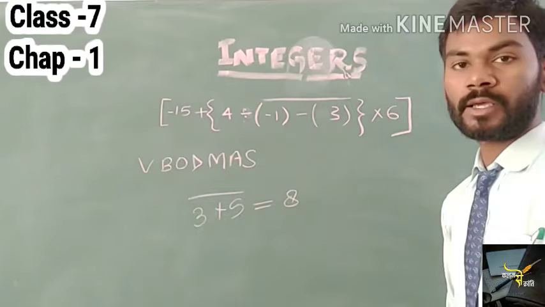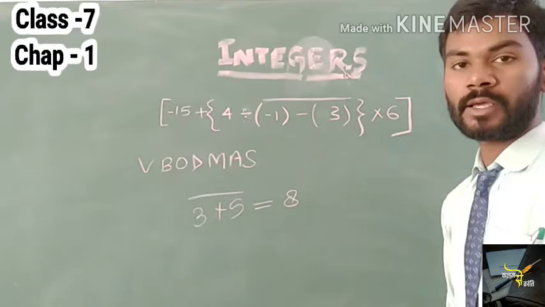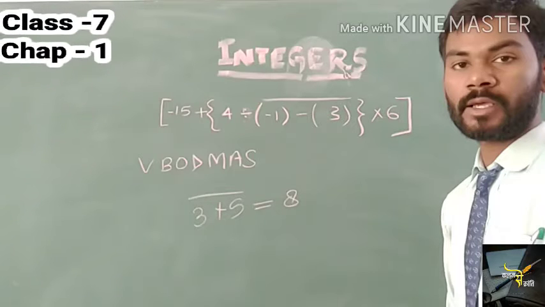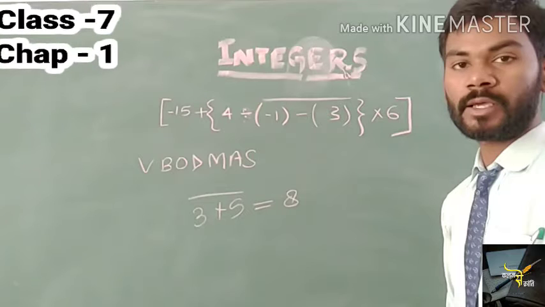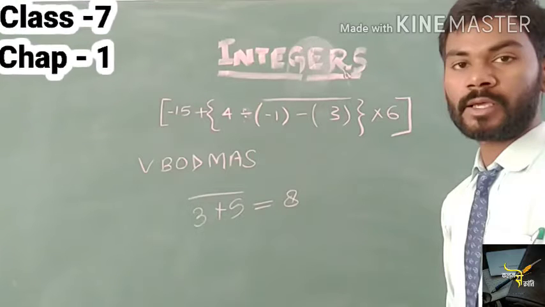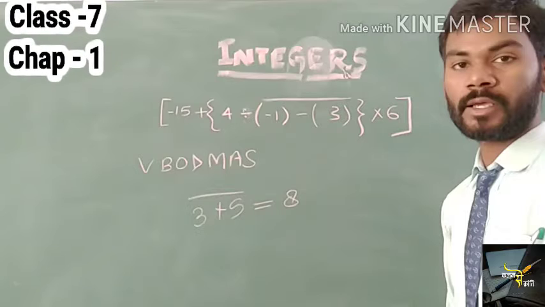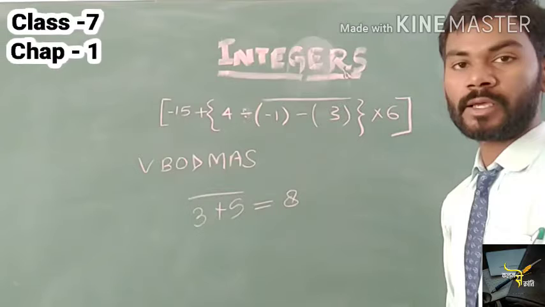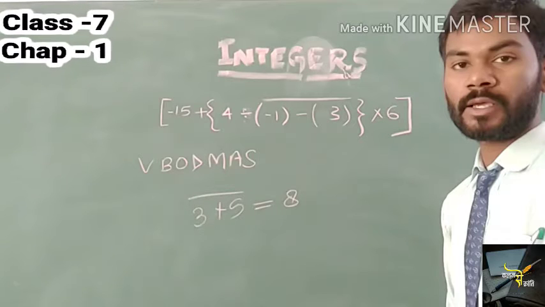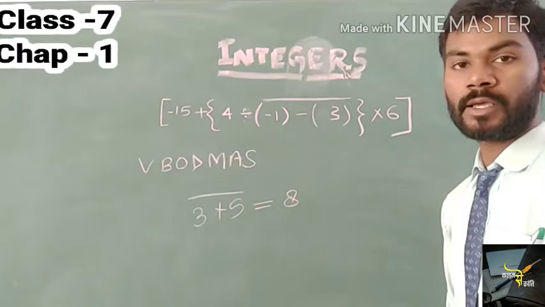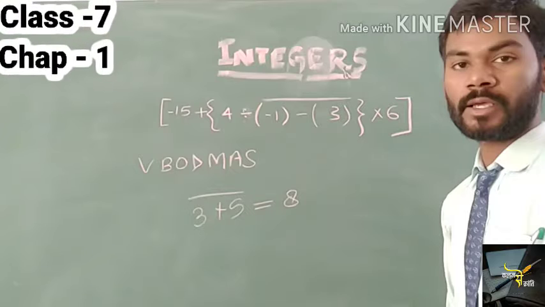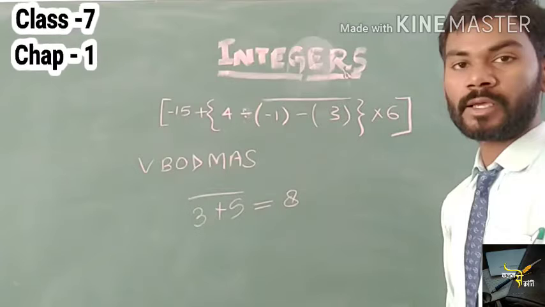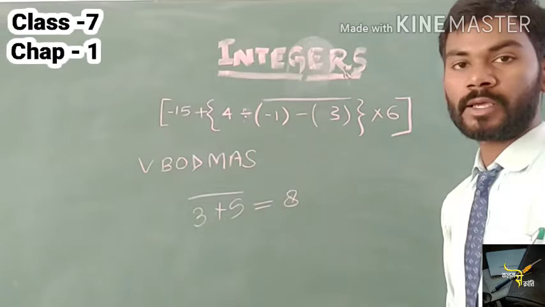If -3 plus 5 is given with a bar, the result is 2. Similarly, if -3 minus 5 is given with a bar, that means -8. In this way, we can also solve the given question.